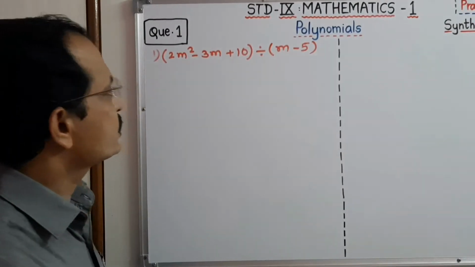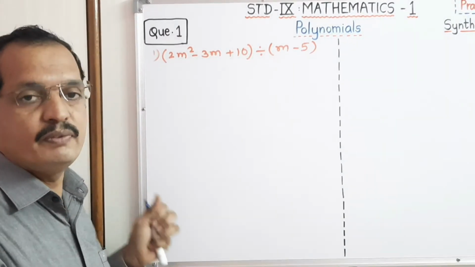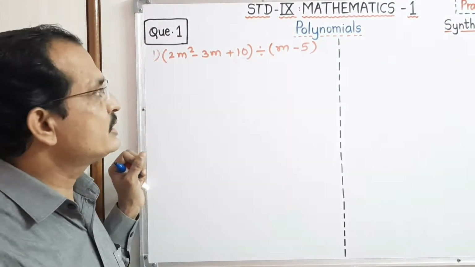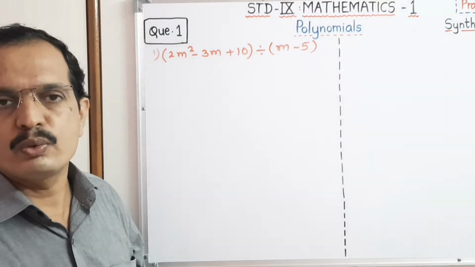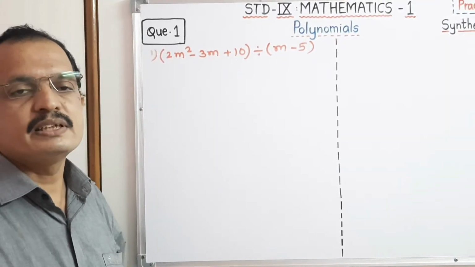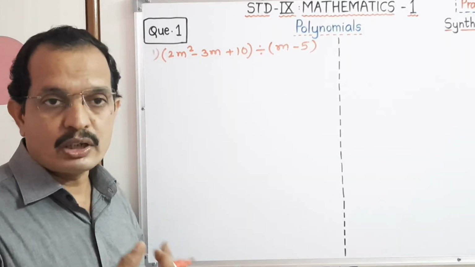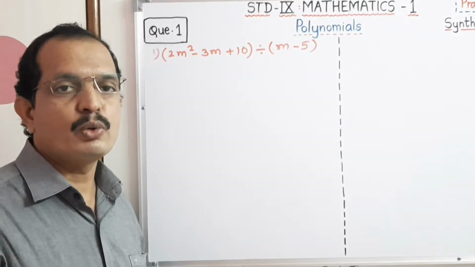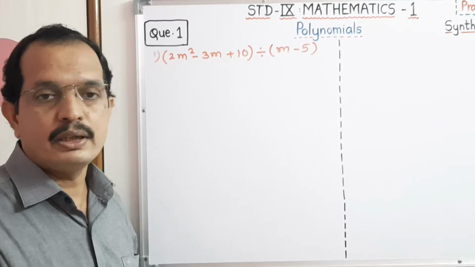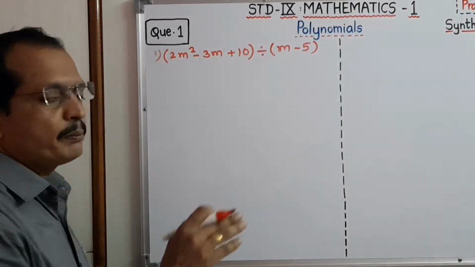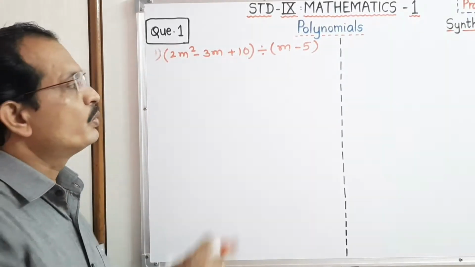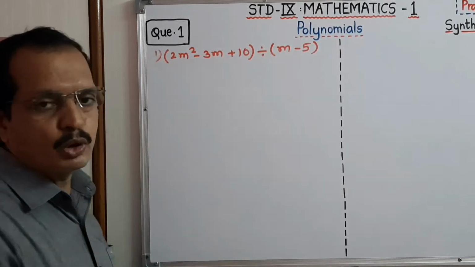Now see here, first of all we have to look at the dividend. We have to find out whether the dividend is in standard form or not. That means whether it is in index form or not. If it is not in standard form, not in index form, then first of all we have to convert it into the index form. For that purpose, what do we have to see? We have to see the degree of the polynomial.